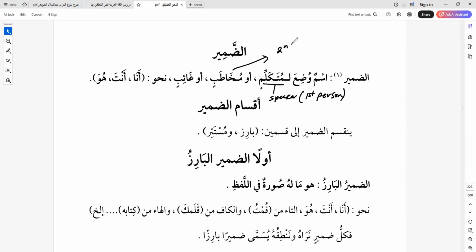Muqatab is the second person. Or some books will say muqatabin wa muqatabah, or muqatabatin. Second person, male, and second person, female.